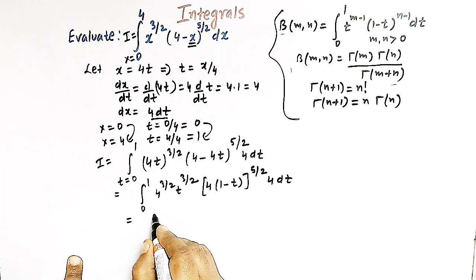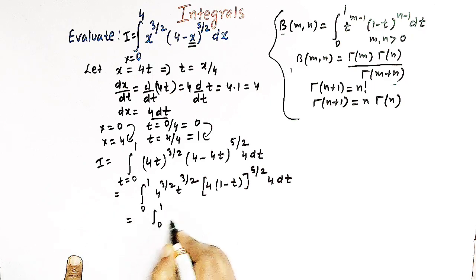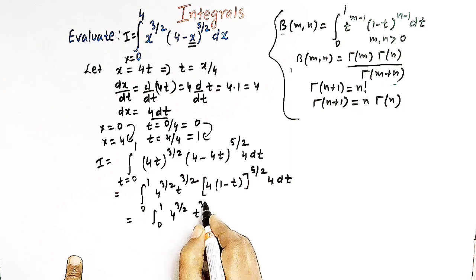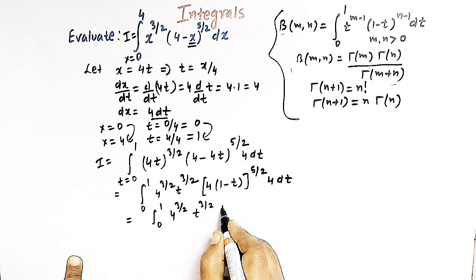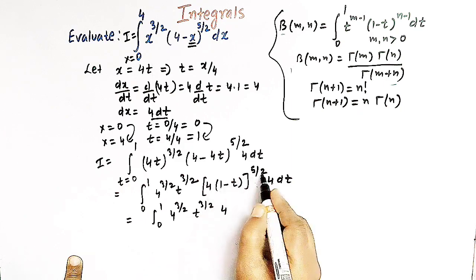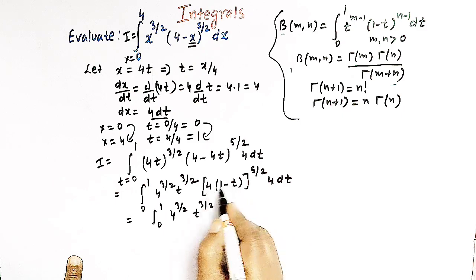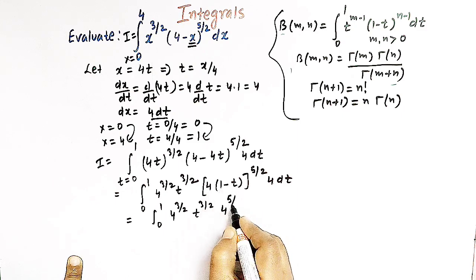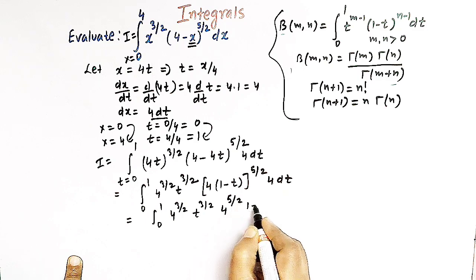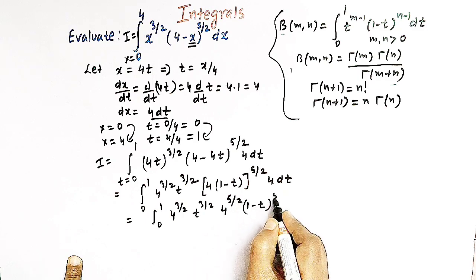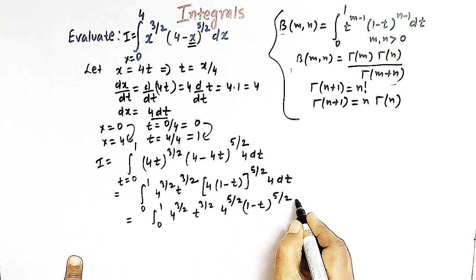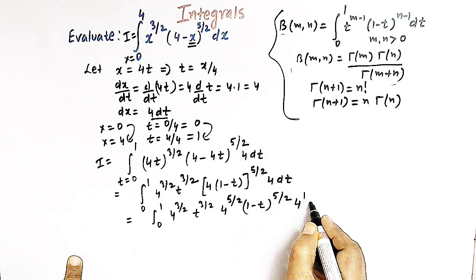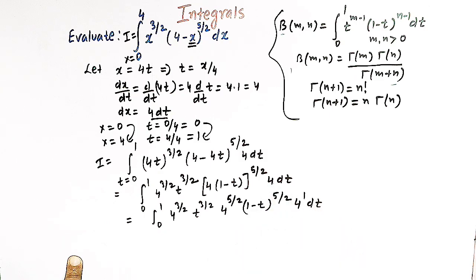So now we can write integral from 0 to 1, 4 raised to 3 by 2, t raised to 3 by 2, and then this exponent can be distributed over 4 and 1 minus t. So here we have 4 raised to 5 by 2, 1 minus t raised to 5 over 2, and here we have 4, which can be written as 4 raised to 1, and here we have dt.